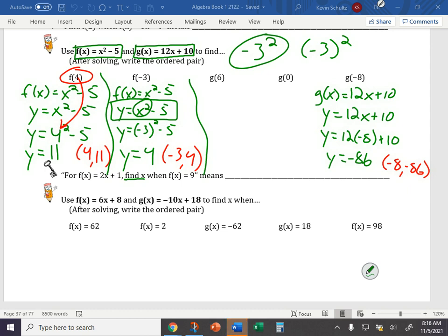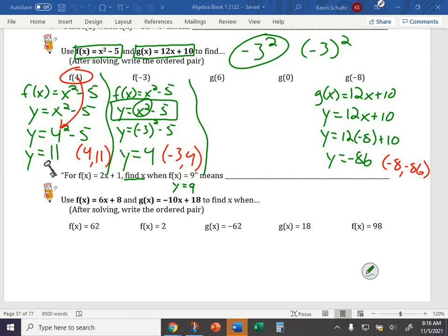No. So which variable does that 9 represent? The letter y. And remember, this f of x means y, right? So if you think about this, it says find x when y equals 9. Find x when y equals 9. You're being given the y variable this time and asked to solve for x.